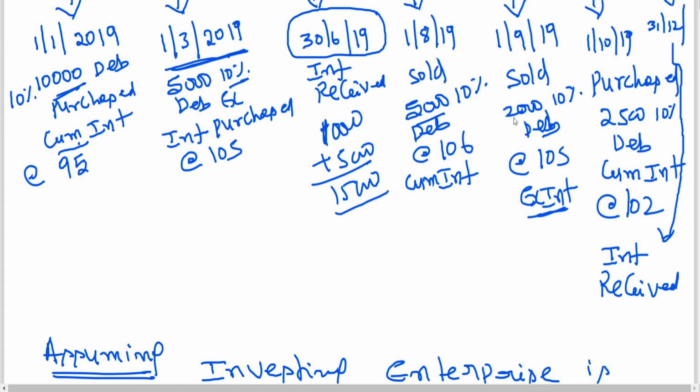10,000 debentures opening balance, purchased in the beginning of the accounting year which you are following. 5,000 again purchased, 10 plus 5, 15. Sold is how much? 5,000. Again sold is how much? 2,000.